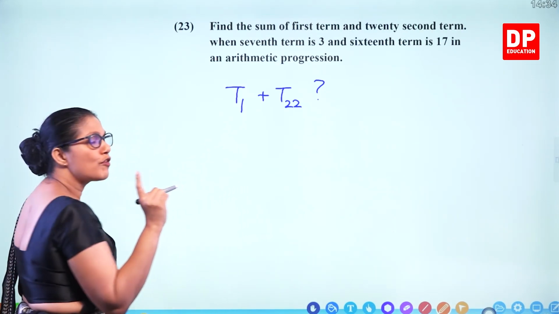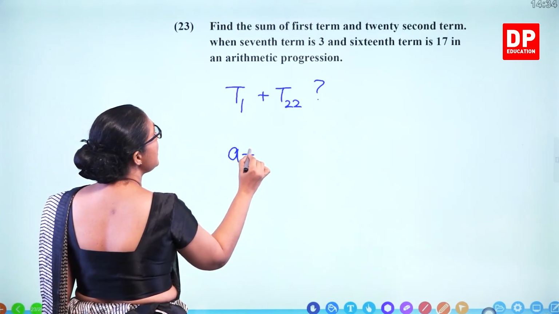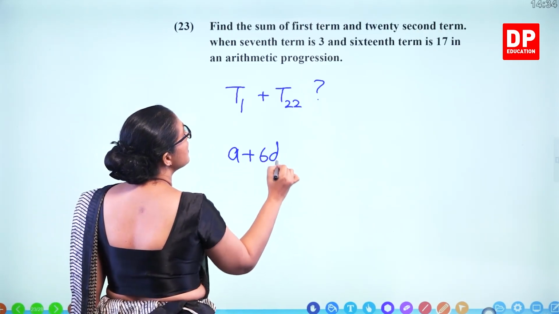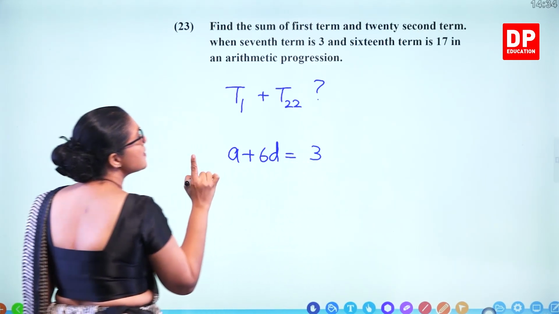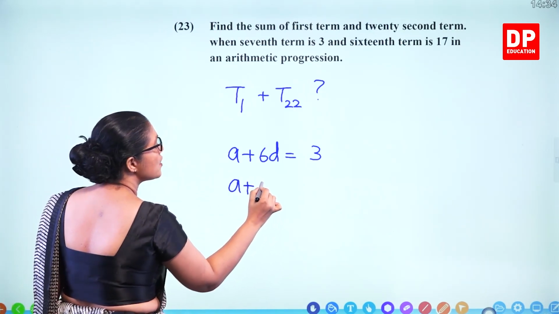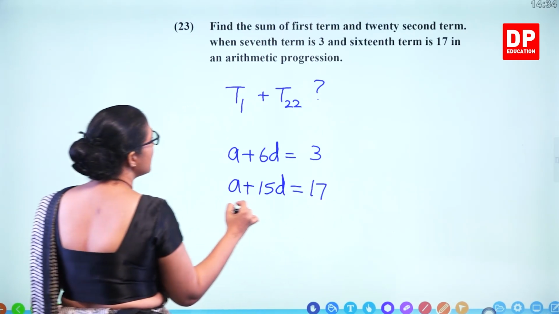How do you find the 7th term? If the first term is A, the 7th term is A plus 7 minus 1, that is 6D, and that equals 3. The 16th term is 17. A plus 16 minus 1, 15D equals 17.